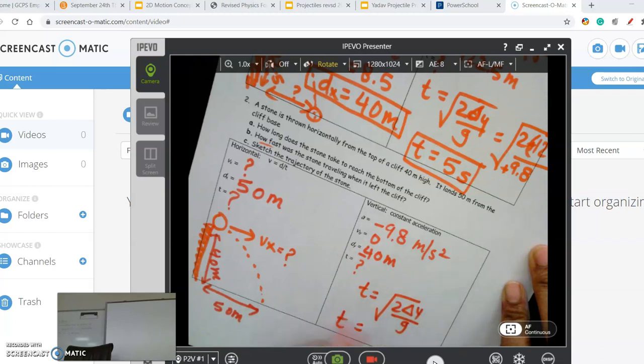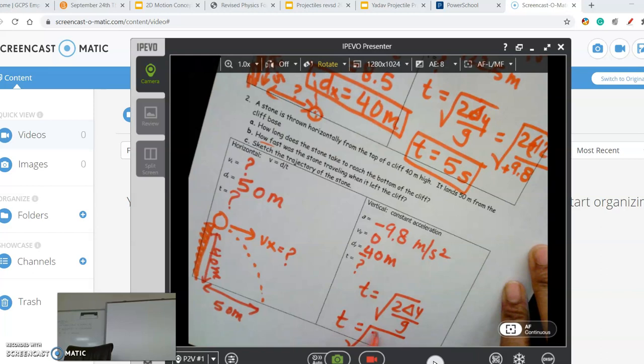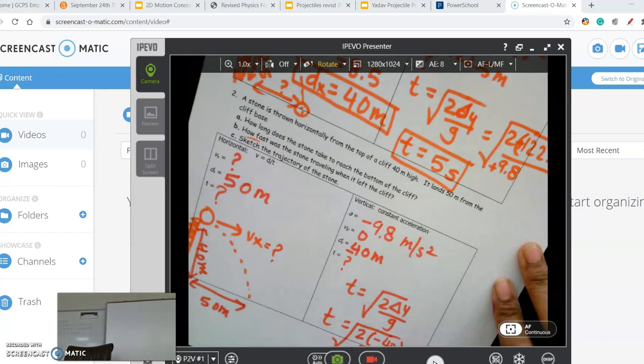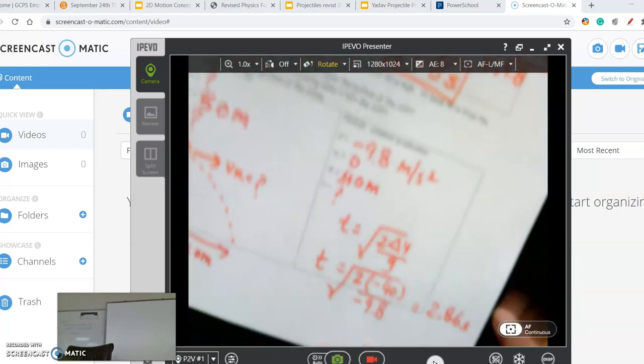Let's plug in the numbers. 2 times negative 40 divided by g, which is negative 9.8. When you solve this for time, I believe it comes out to be 2.86 seconds. It's 2.85 and numbers after that.